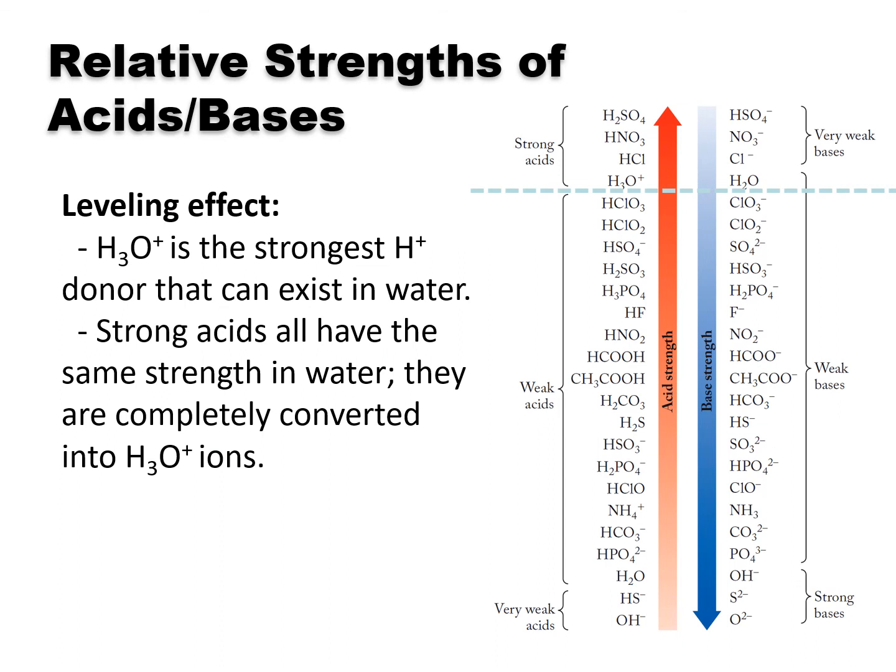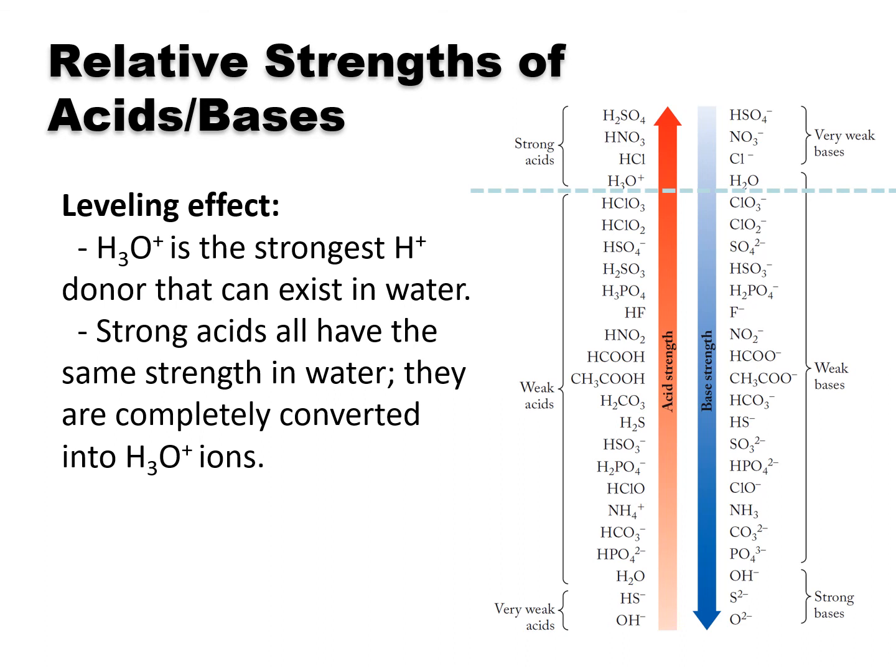So when I consider strong acids, like sulfuric acid and hydrochloric acid, when they dissolve in water, they are completely dissociated. So each and every molecule of HCl turns out to be H3O+. And that's going to be the same regardless if I have HCl or H2SO4. So they are so strong that I cannot really differentiate between them.